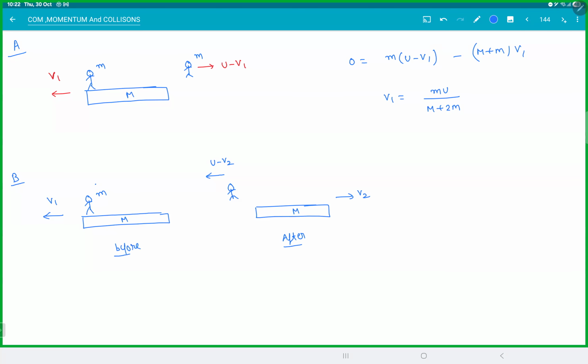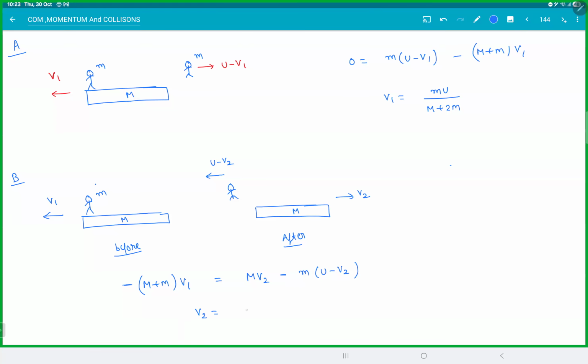Again, conservation of momentum. So initially the momentum will be (M plus m) v1, with a minus sign because it is going backward. This is capital M v2 for the plank, and this is m into u minus v2. So let's get v2 from here.